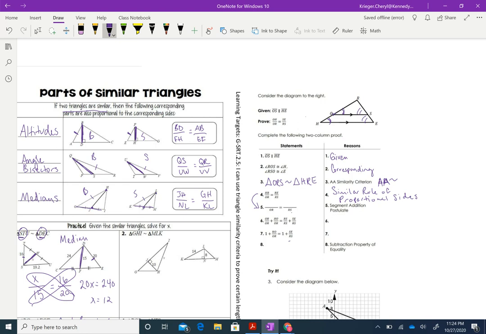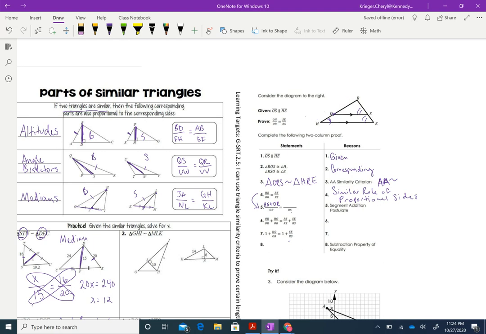So instead of HR, the whole segment of the bigger triangle, let's break it up to be HO plus OR. So I'll put HO plus OR over OR. And then we do the same thing with the other side.